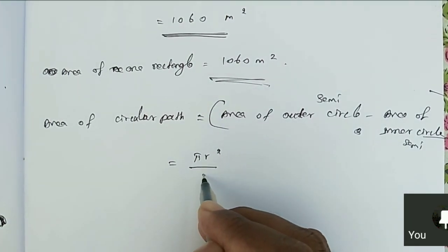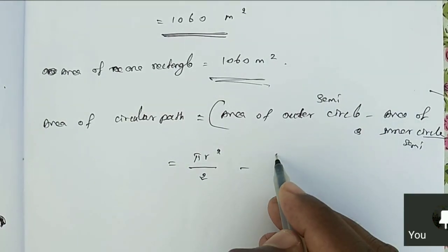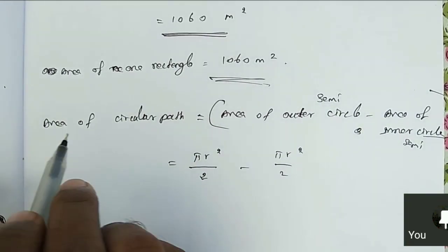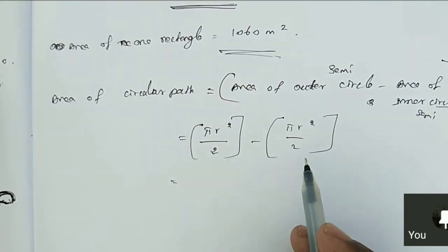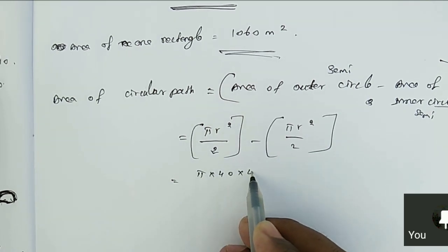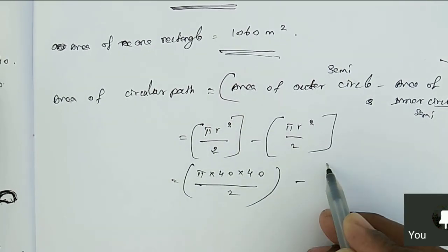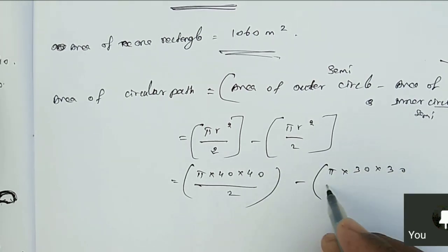Pi r squared by 2. The same thing for the inner circle also, pi r squared by 2, but the radius is different. What is the radius here? The outer circle radius is 40. So pi into 40 divided by 2 minus pi into 30 divided by 2.